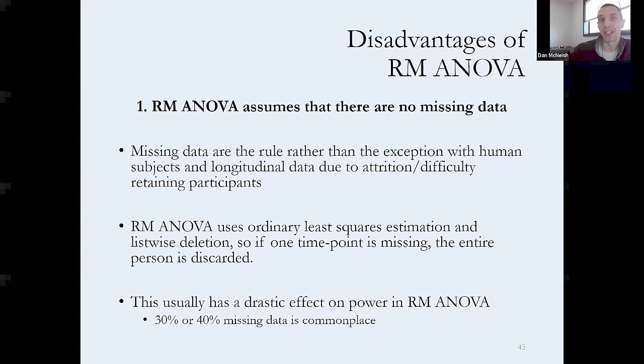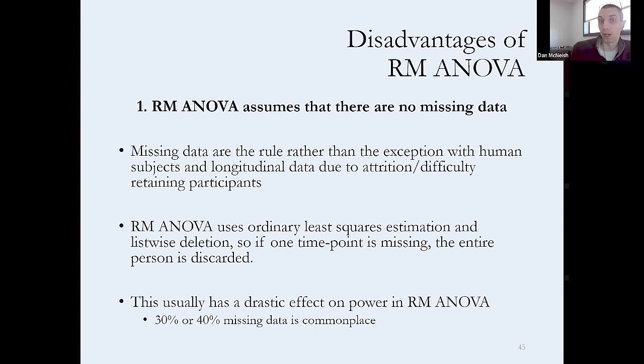And this can have a drastic effect on power in a longitudinal context where 30 or 40% missingness is somewhat common. So it can reduce your effective sample size just by the nature of how the estimation and how the method was built to function.